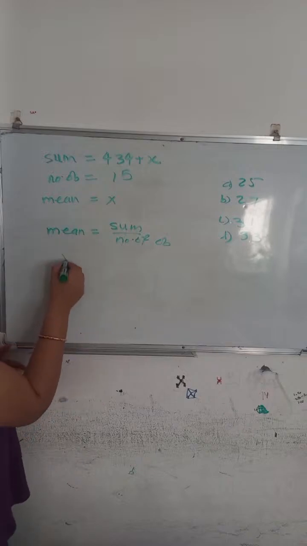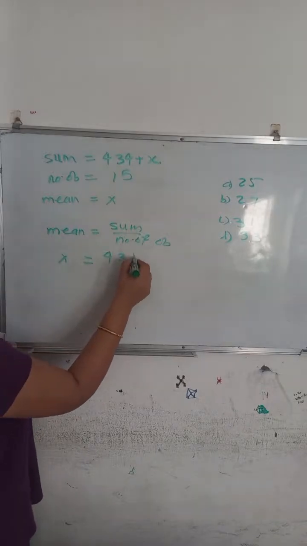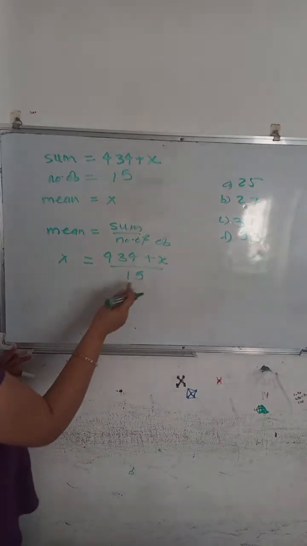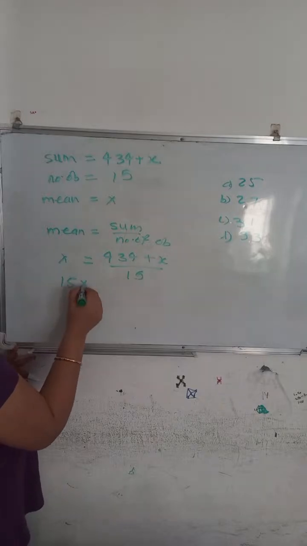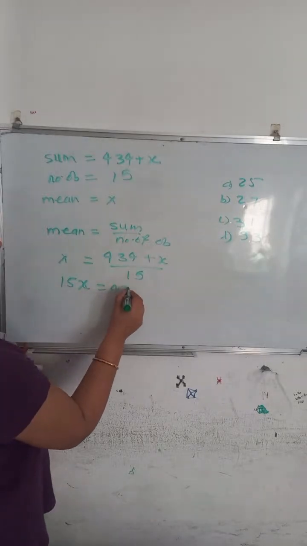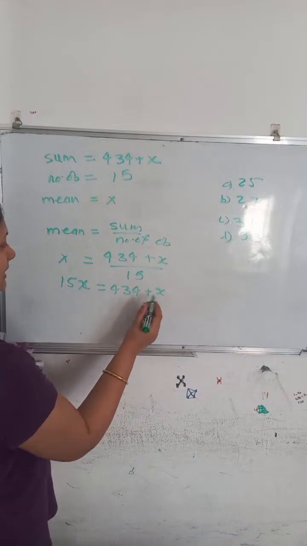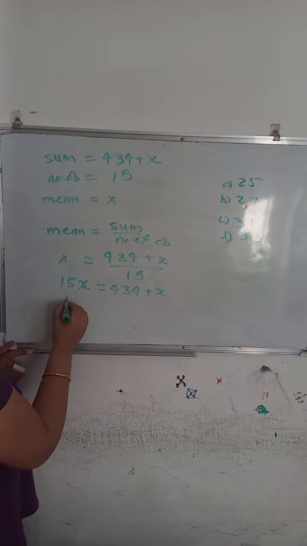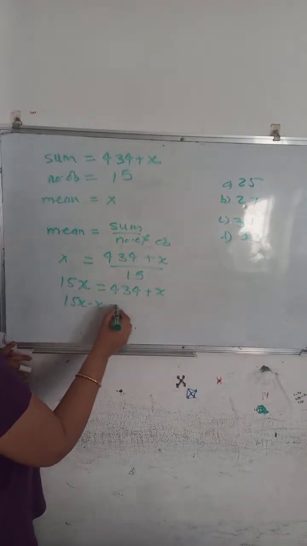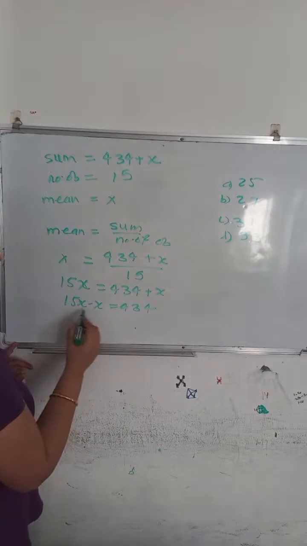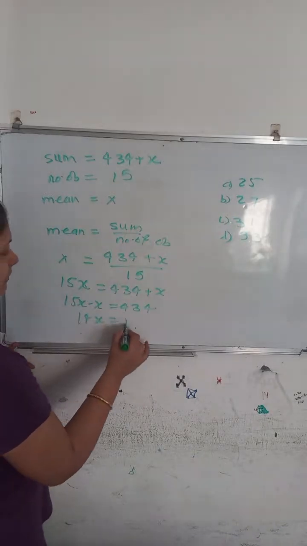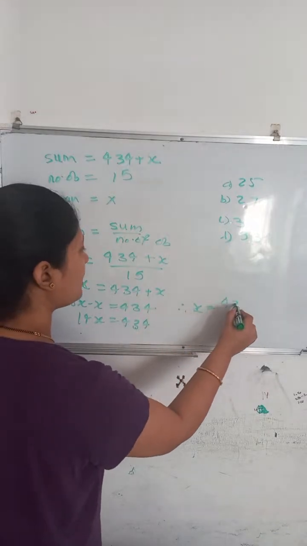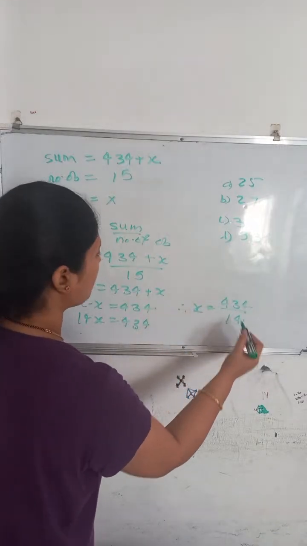So mean is x, sum is 434 plus x, divided by 15. Transpose this 15 over here. So 15x is equal to 434 plus x. Transpose this x over here, it becomes minus. So 15x minus x is equal to 434, that is 14x is equal to 434. Therefore x is equal to 434 divided by 14.